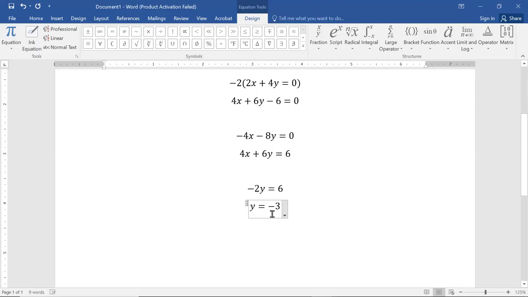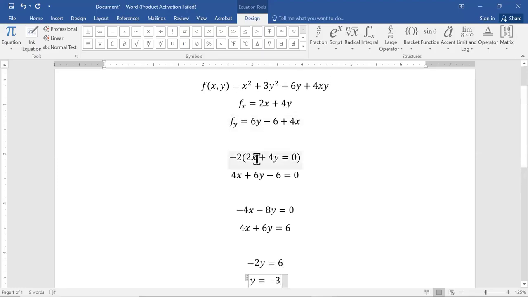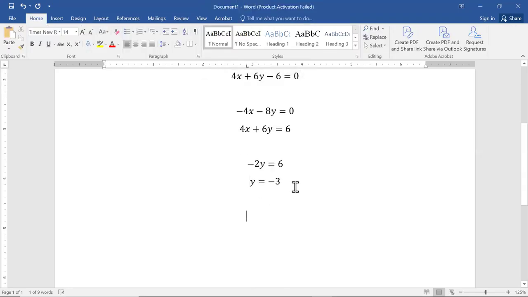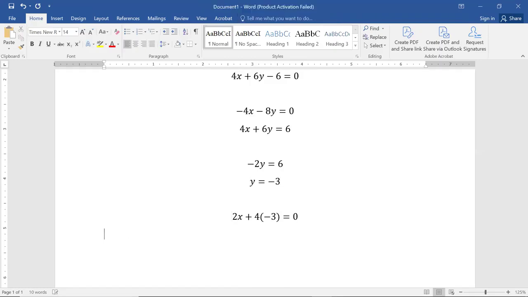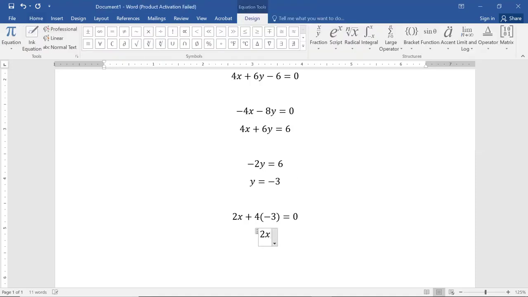Now that I know y is -3, I can plug it into either my initial equation or this initial equation. So either initial equation will work, either my first equation or my second. I'll use the first equation. Once I've found y has to be -3, I plug it in there. We'll get 2x minus 12 is equal to 0.